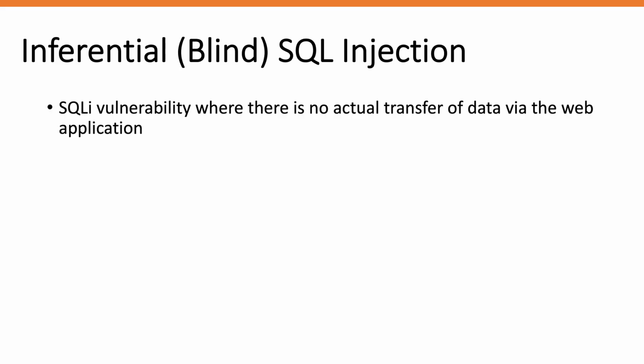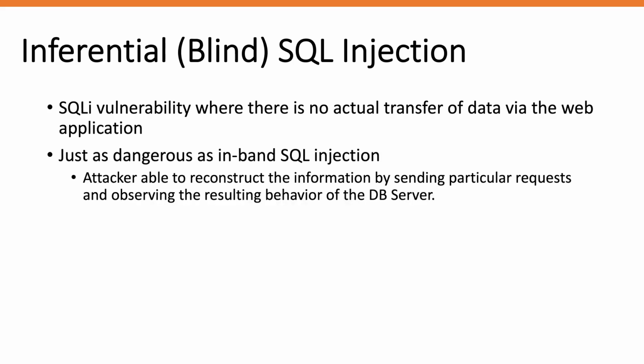This forces the attacker to steal data by asking the database a series of true and false questions, and then determining, based on how the application responds, whether it is saying yes, this is a true statement, versus no, this is not a true statement. And again, this will become more clear once we discuss the different types of blind SQL injection and take examples.